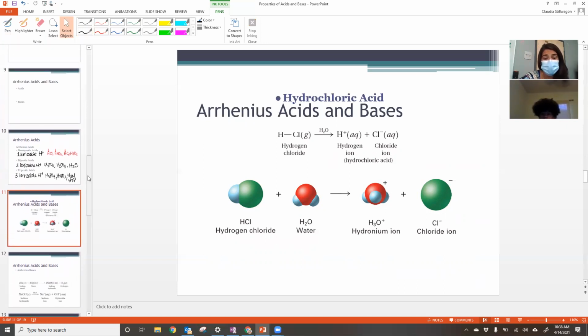So when you look at this here, you can see the way this hydrogen, when dissolved in water, came off and attached itself over here, right? You can see that the H2O became H3O plus.